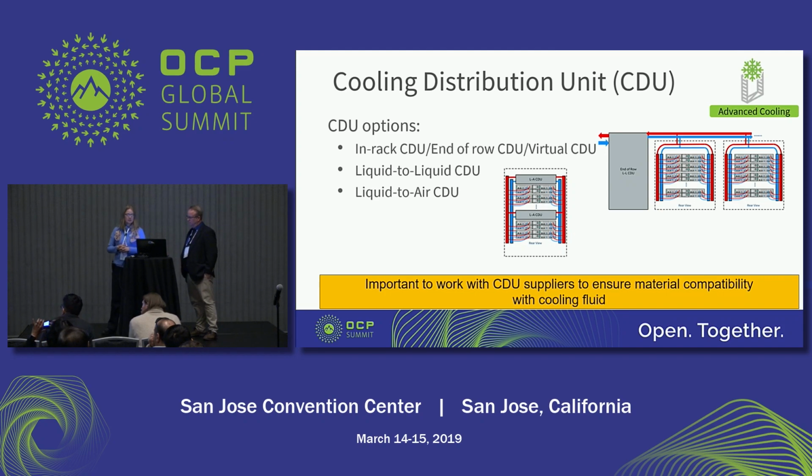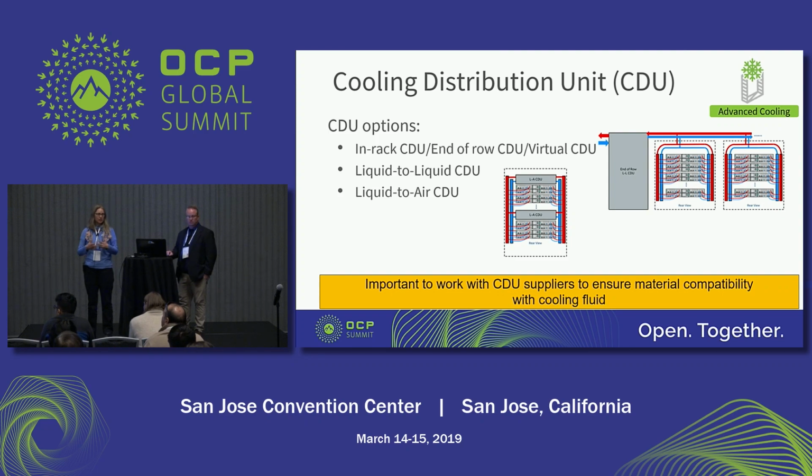So the next topic here then, or we continue down the line, right? So we had 4 different ingredients in the secondary loop. So the third one is the cooling distribution unit. And we started to look at in-rack CDUs. The other options that you have is, of course, end-of-row CDU, where you have a CDU providing cooling for several different racks, or in some cases as well, a virtual CDU if your facility water really meets the quality of what you need for your IT equipment cooling.